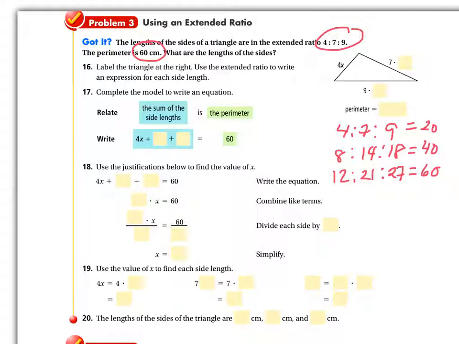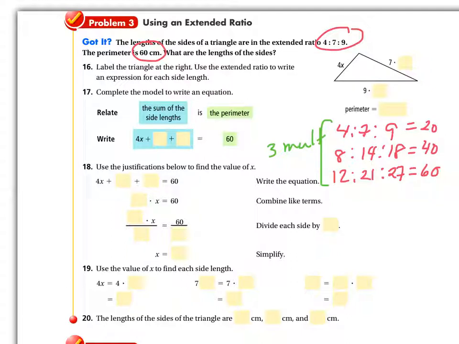Isn't that what I'm looking for? Well, I don't want to do that every time. How many multiples was that? 3 multiples. Notice that I multiplied every number by 3 in order to get that. So whatever the multiple is, I'm going to multiply every number in that ratio by that multiple.